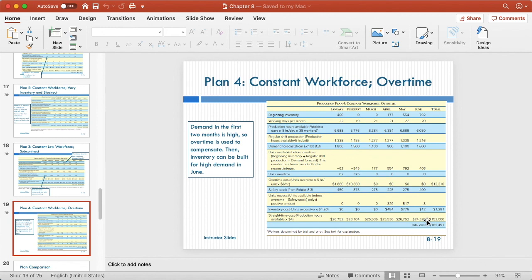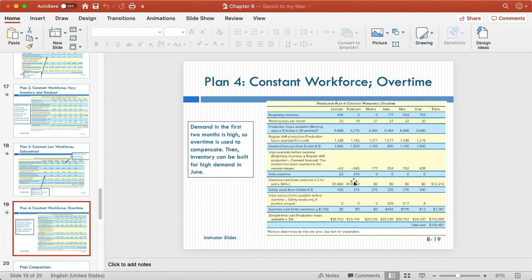It's basically the same thing. So you see that in this plan, you still need to pay for the production cost. That's for sure, since you keep a constant workforce, and for the extra amount, you use overtime.